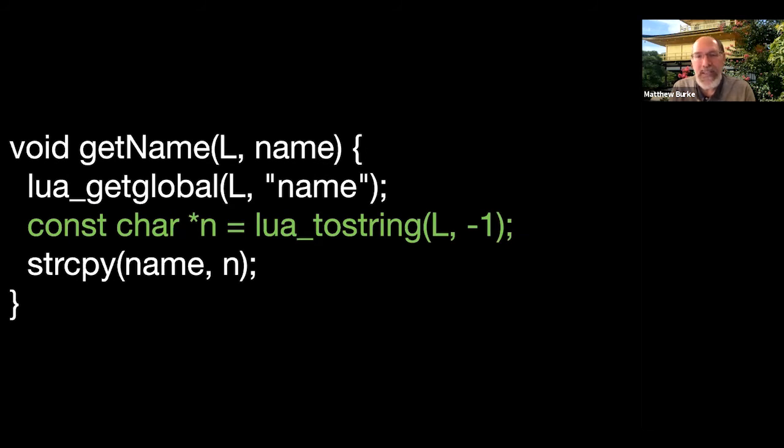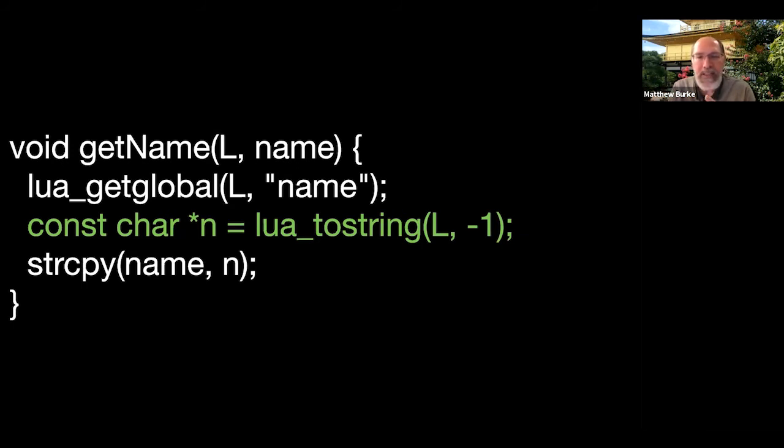And so what we're saying here is, I want to grab the item from the top of the stack, and I'm assuming that it's a string. Ideally, I would have already checked to make sure that it legitimately is a string and signal an error if not, but I'm cutting corners.